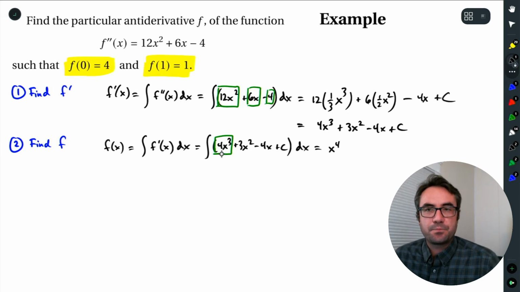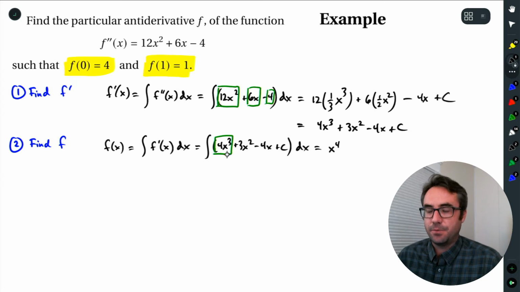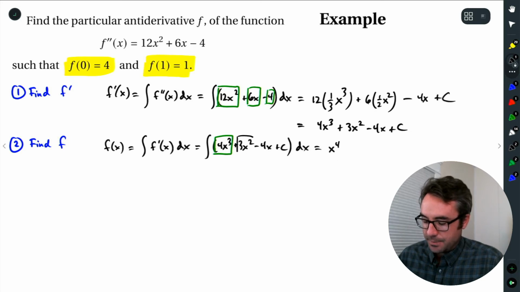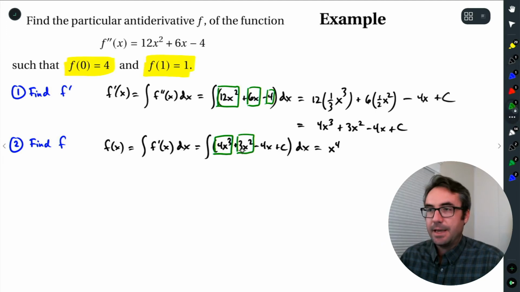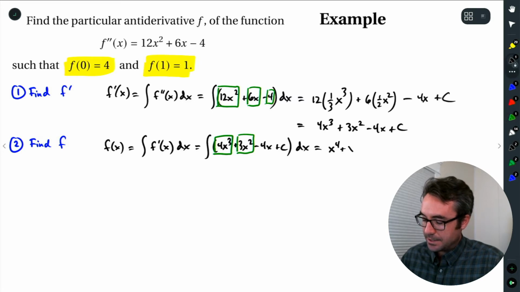So when we do it, we'd have 4 times 1 over 4, and that leaves us with x to the 4th. And then we go to our second term here. We're going to get the antiderivative for the second term, and when we do that, we get x cubed.